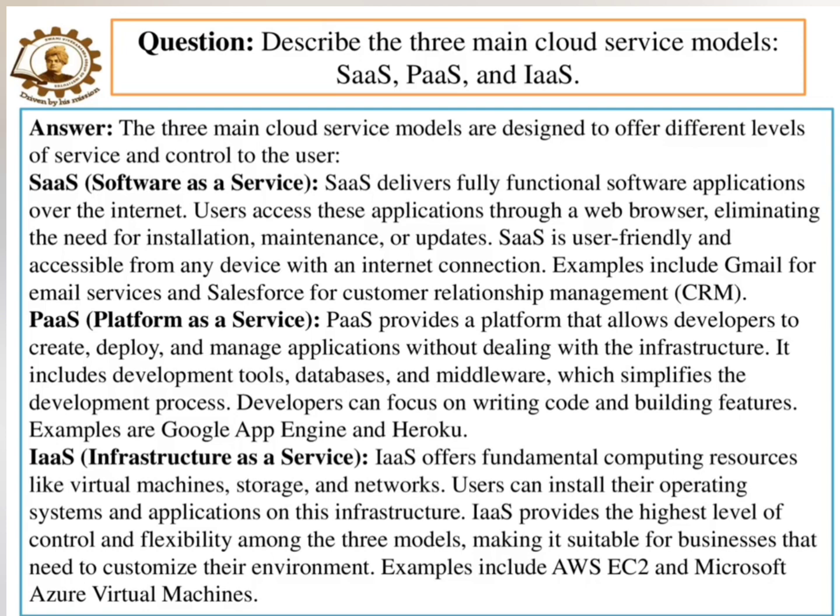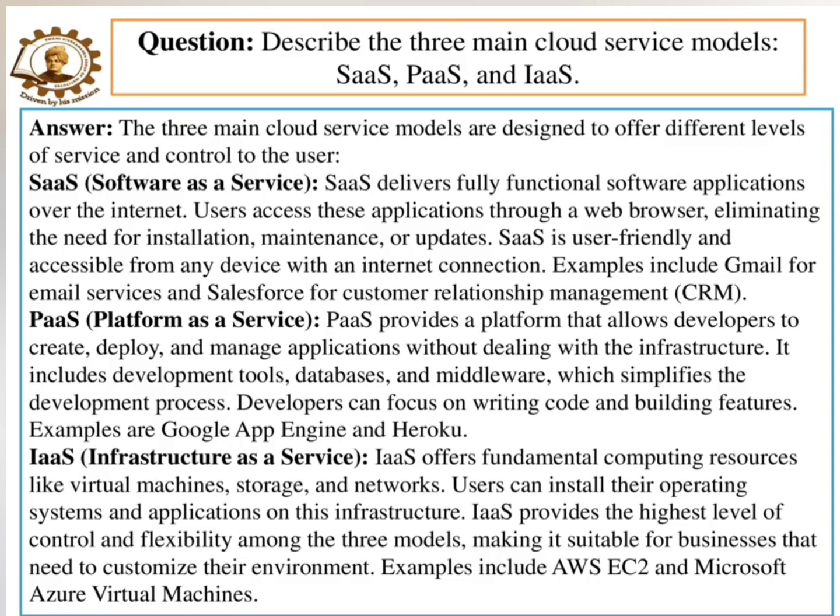Cloud service models refer to the different ways cloud computing services are delivered to users and organizations. They essentially define what parts of the computing infrastructure are managed by the providers and what the customer is responsible for.